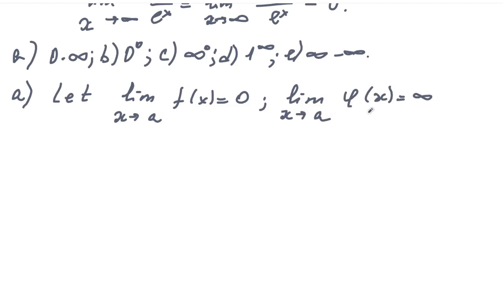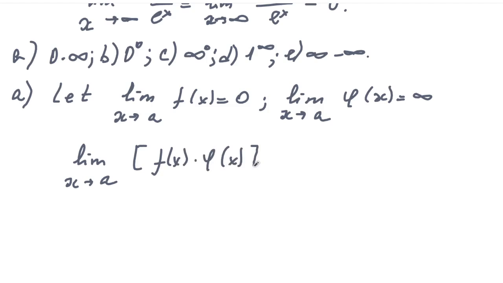It is required to find limit as x approaches a of f of x times phi of x. This indeterminate form is of the type 0 times infinity.